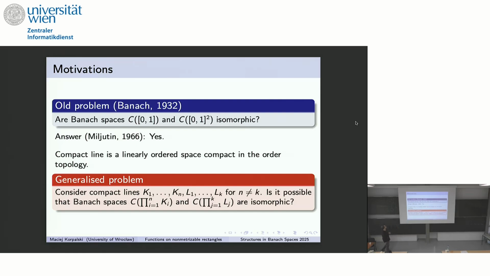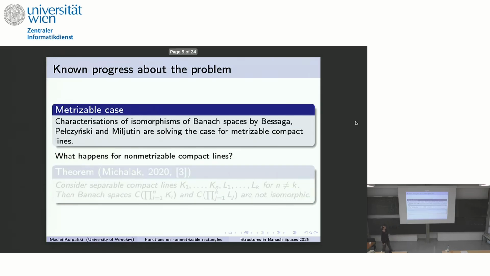Okay, so what do we know? We know, of course, that by Milutin's theorem and also Bessaga-Pełczyński's result, metrizable spaces are not very interesting, because a product of metrizable compact spaces is metrizable, so we have already some characterizations for it, so we know basically everything. So what happens for the non-metrizable case?